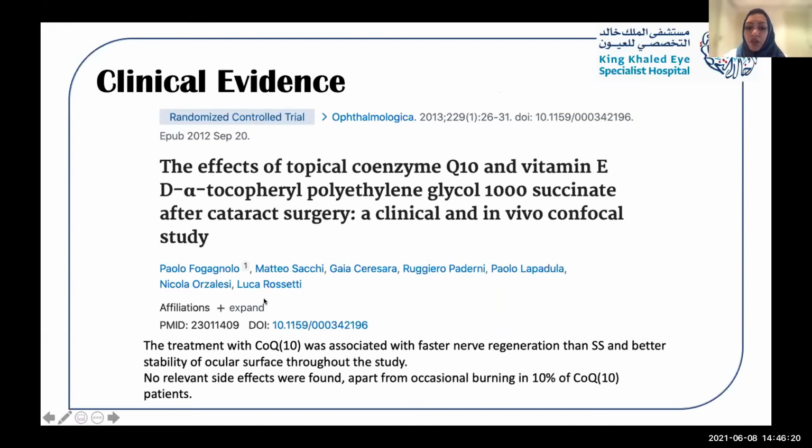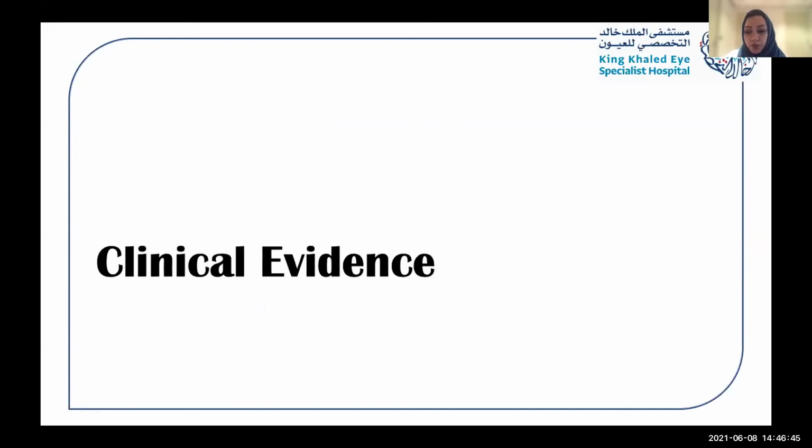But they found that the Q10 group were associated with faster nerve regeneration, and they had better stability of the ocular surface. And also they did confocal microscopy, and they found they had more and faster regeneration of their basal nerve plexuses. No side effects were noted.